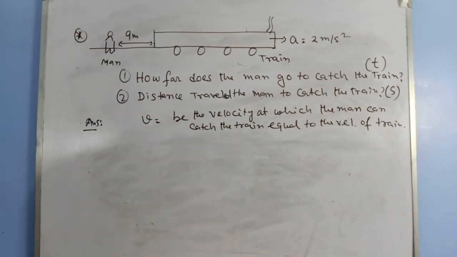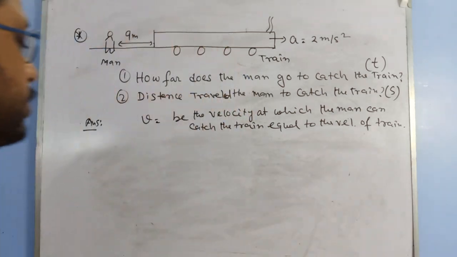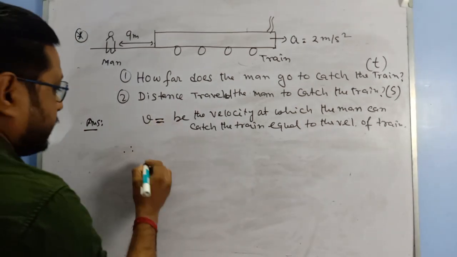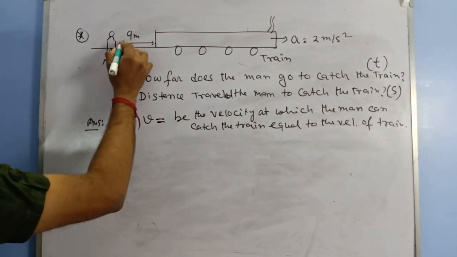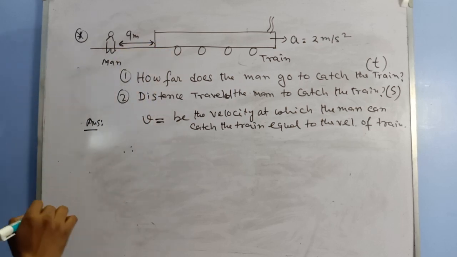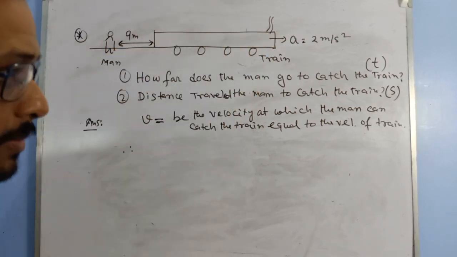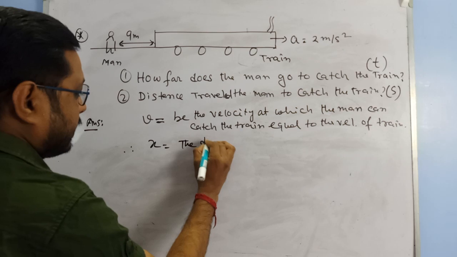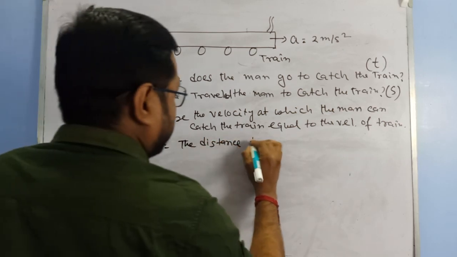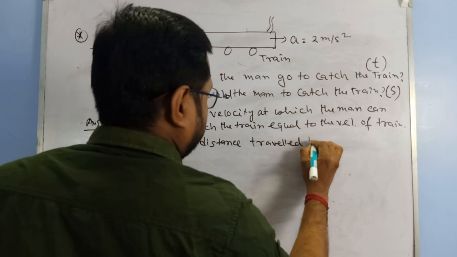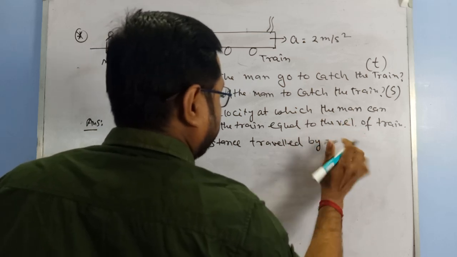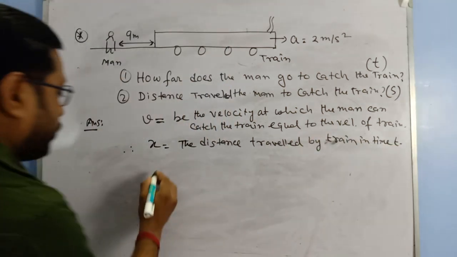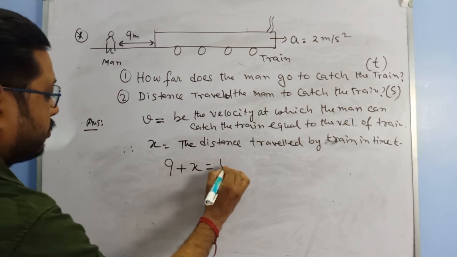As per the condition of the question, the man has to go this 9 meters plus the distance travelled by the train. So let x equal to the distance travelled by train in time t. So we can write it as 9 plus x equal to vt.